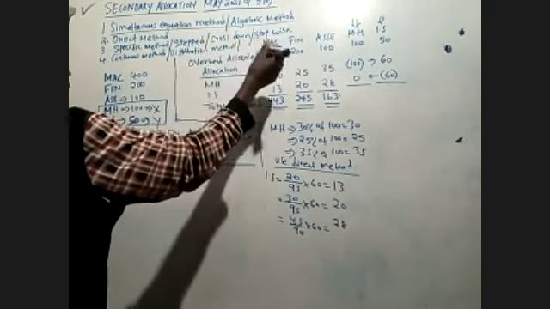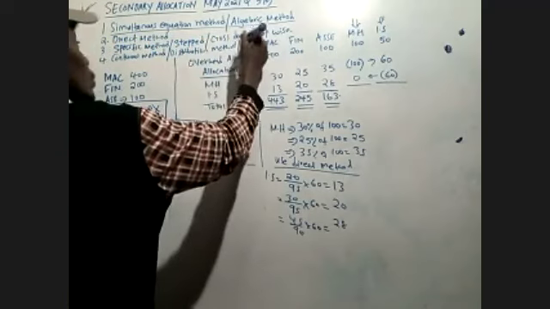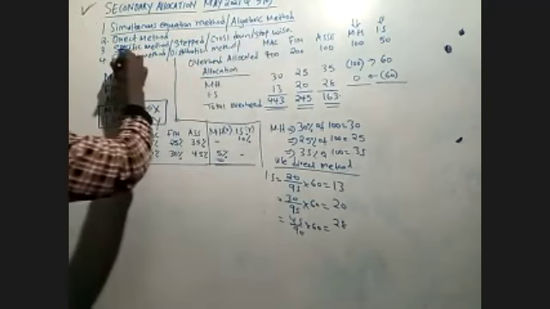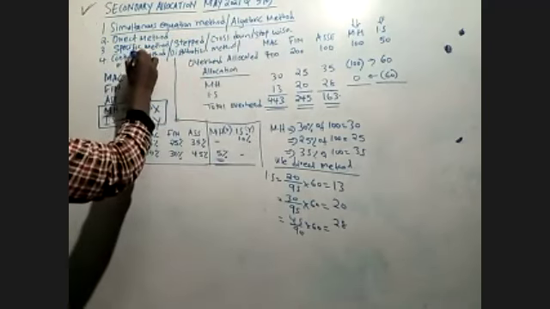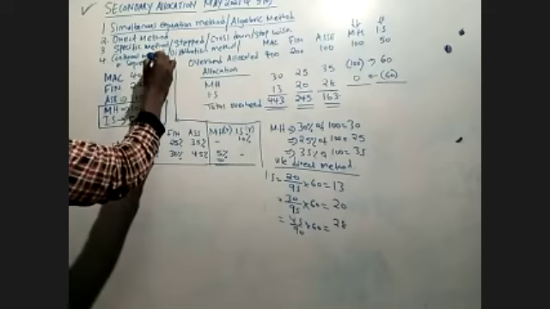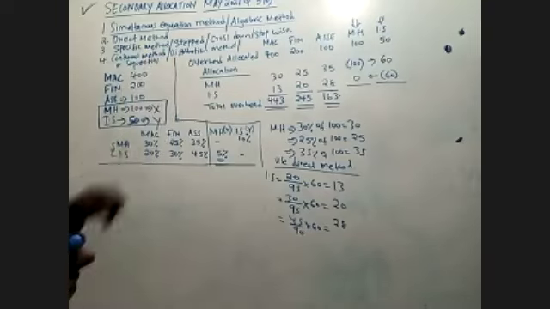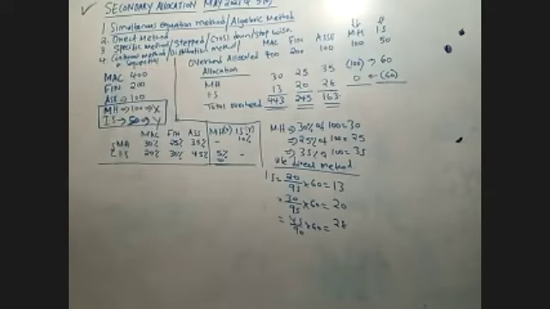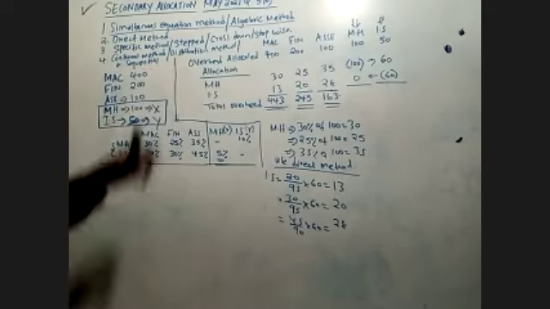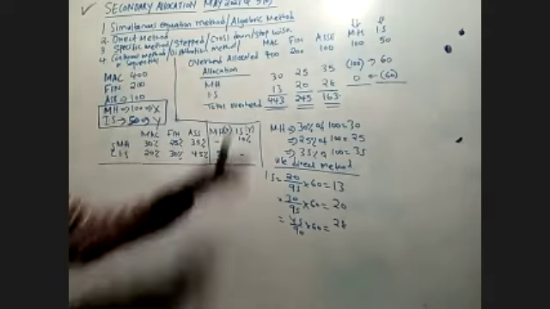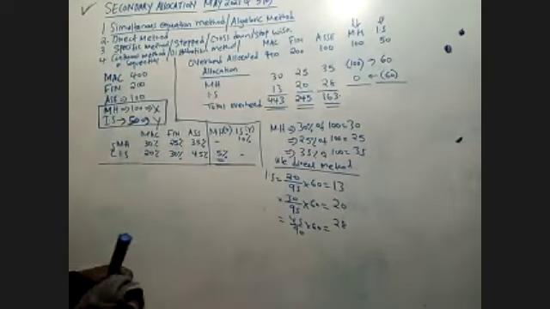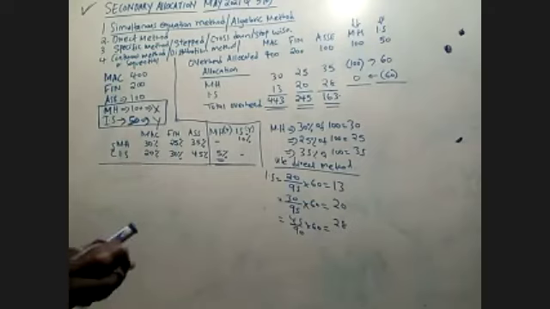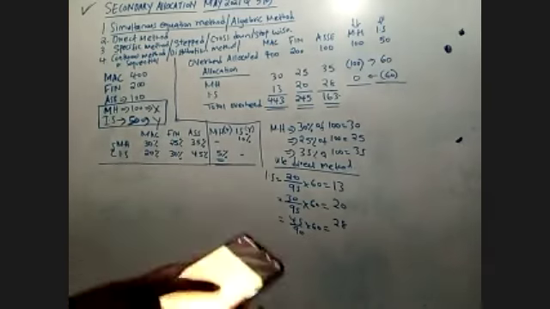Because you can also call it sequential method. So continuous or distribution method or sequential method. Now in this case, we allocate the amount until it becomes insignificant.